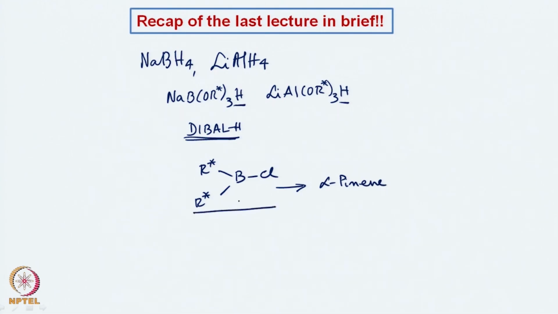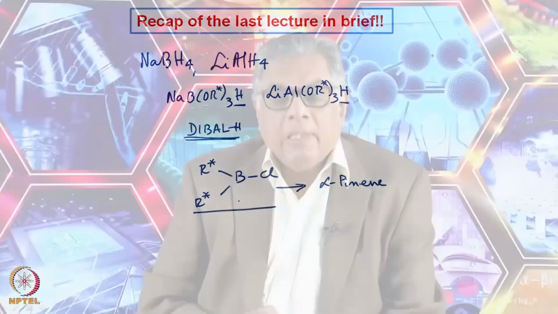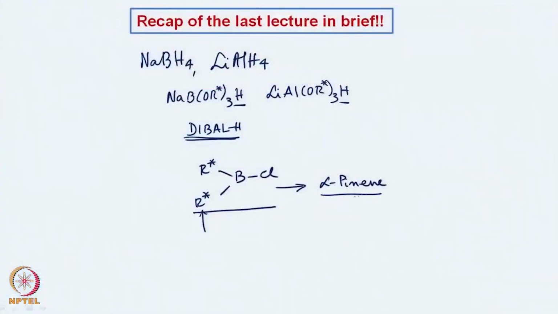So this behaves like a reducing agent, but it does not have a hydride attached to boron directly. Instead, it is in this particular part, which after the hydride is transferred leads to the alpha pinene, plus of course we get a chiral alcohol.